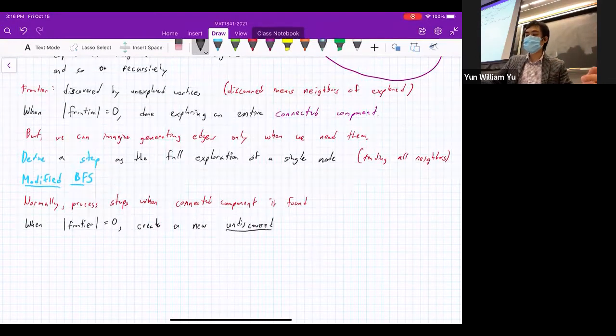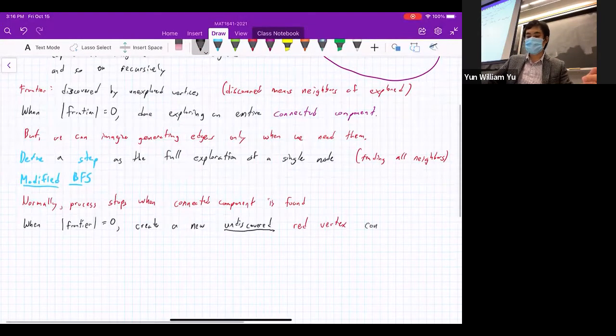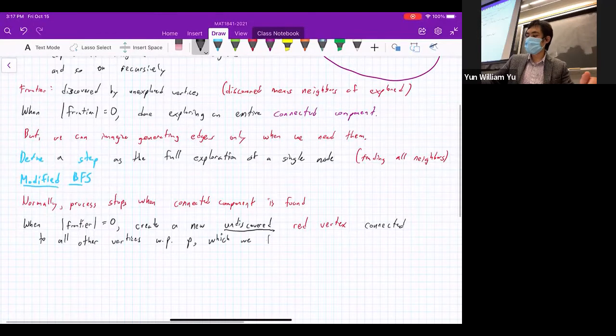But we're going to create a new undiscovered vertex, and we're going to call it a red vertex, connected to all other vertices with probability P, which we then explore to reach a new connected component.